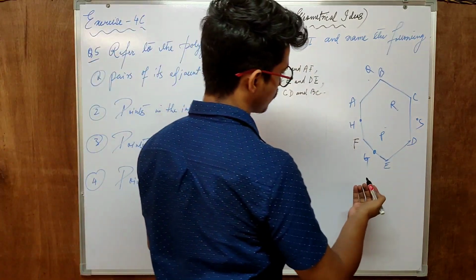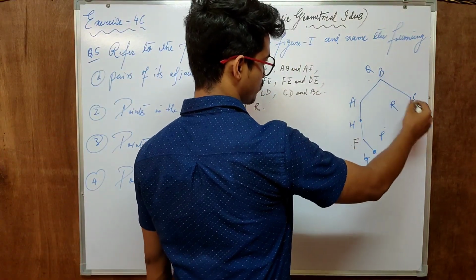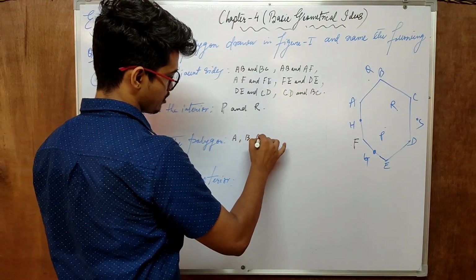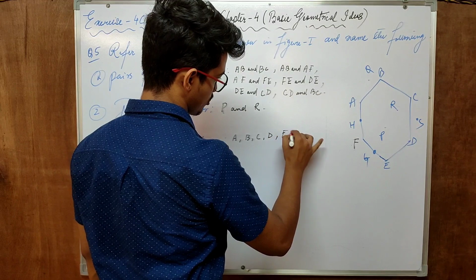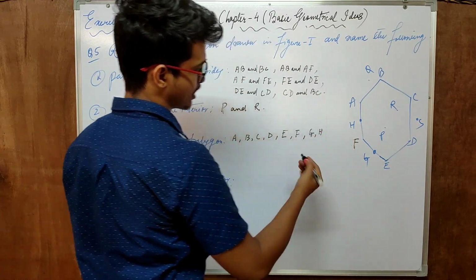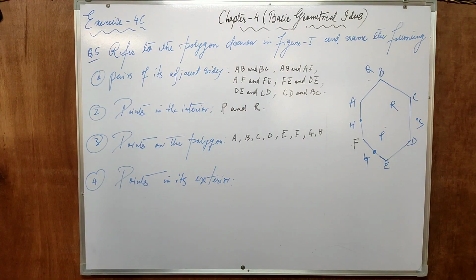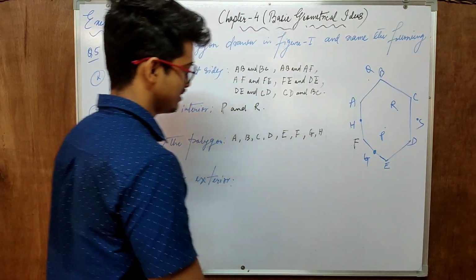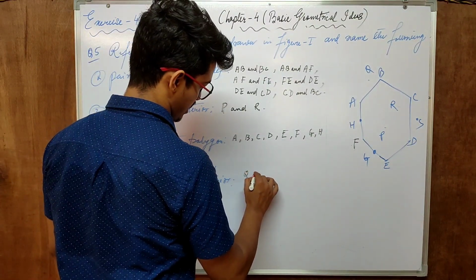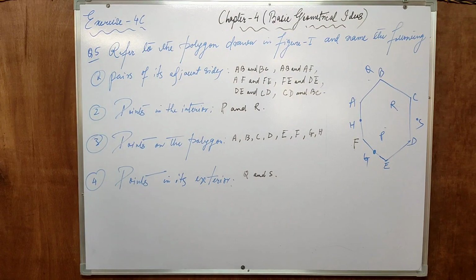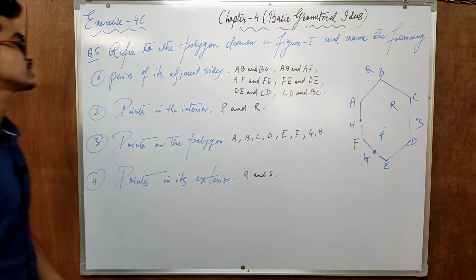All these points are on the polygon, so I can write A, B, C, D, E, F, G, H. Anything else? No. After that, points in the exterior, these are Q and S. So that's about question number 5, and that's about exercise 4C.